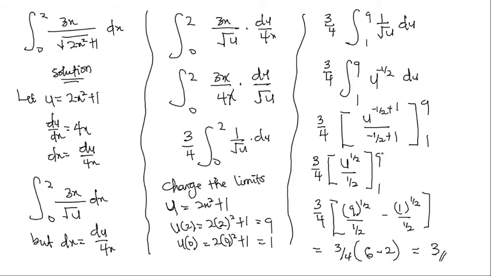Alright, let's have a look at another example so that we further understand what we are talking about. Example number 2, we have to integrate from 1 to 3 the function x root of 2x squared plus 7 dx. So let's write down our solution.